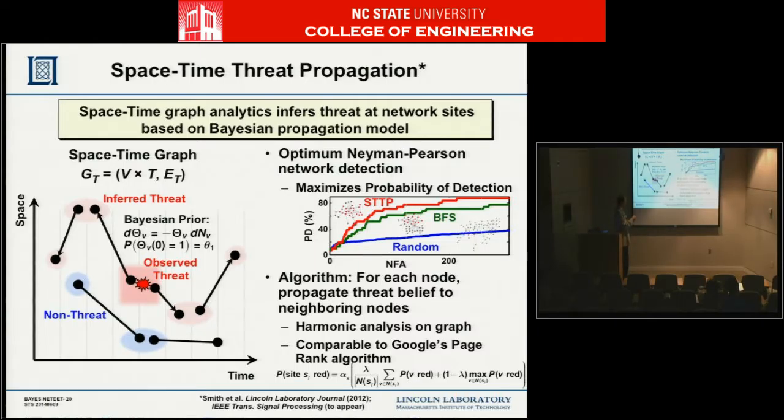So for things happening at the same place in the same time, threat likes to propagate, according to this model, more than if they are separated in space or separated in time. So if you've got observed threat here, this will propagate through your space-time graph along this link a lot better than it will propagate when you have separation in space and time.